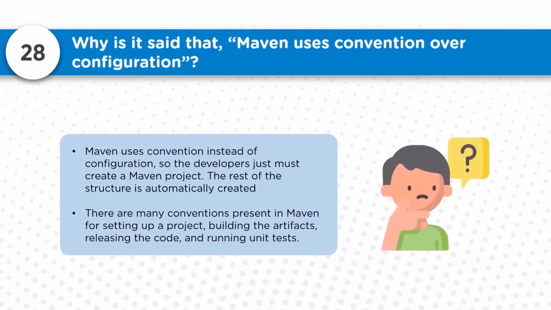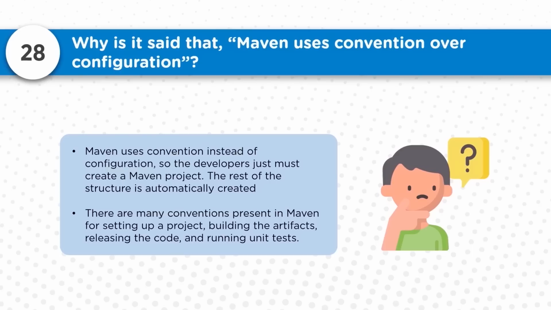Now, why is it said that Maven uses conventions over configurations? Maven does not put the effort on the developers to provide each and every configuration. There are some ready-made plugins available, and we make use of them, so that we don't have to worry about the executions.